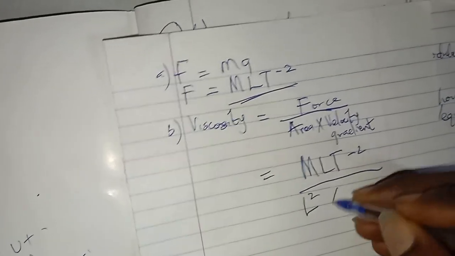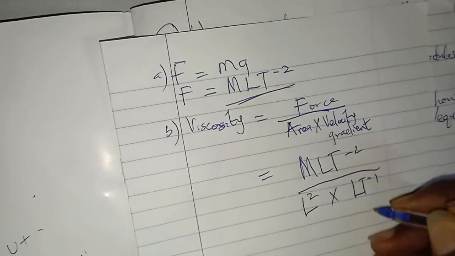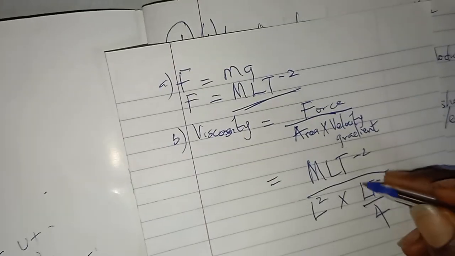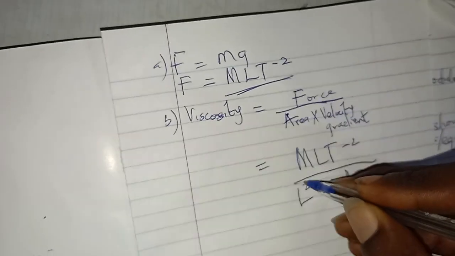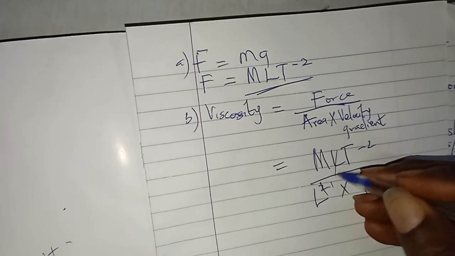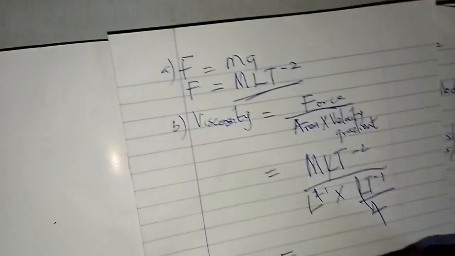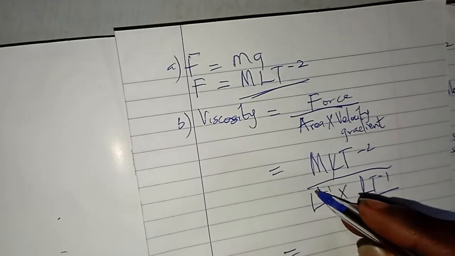Then velocity gradient is LT^-1 over L, that is velocity over L. This and this will cancel, so I'm left with L raised to power 1.